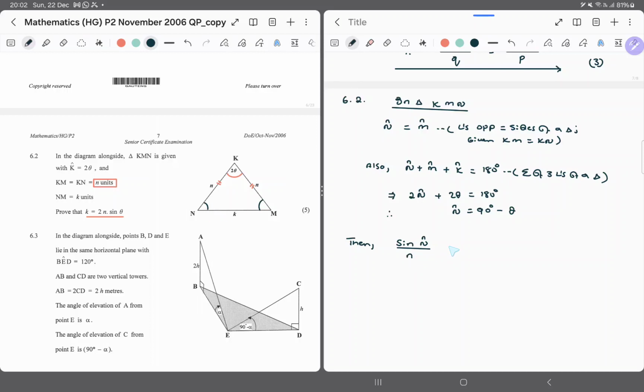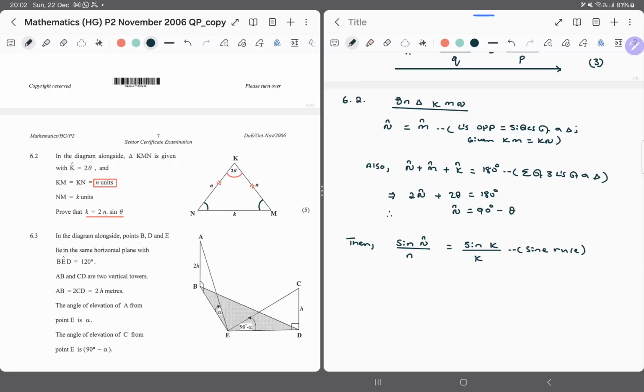It's going to be n units. It's going to be equal to, same thing as the sine of k, for example, over k units, which is the side opposite it. This is nothing but the sine rule.